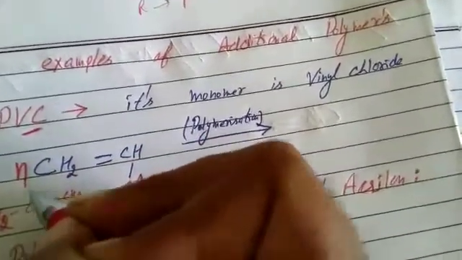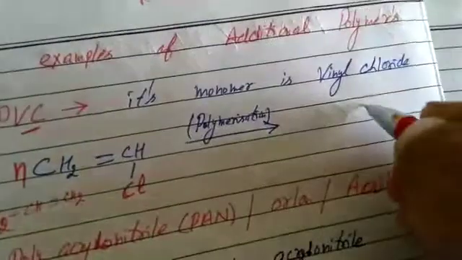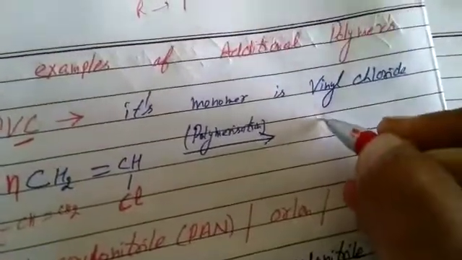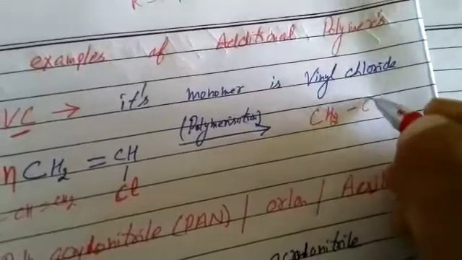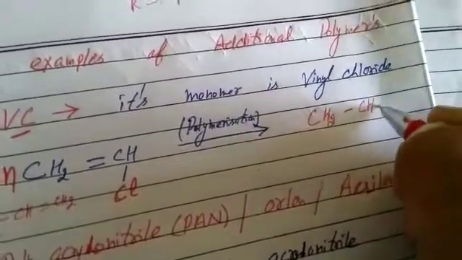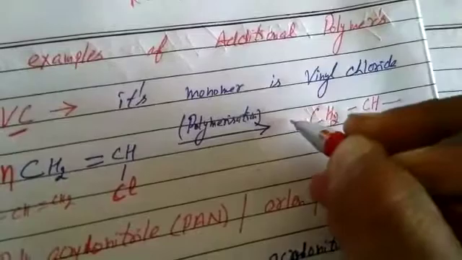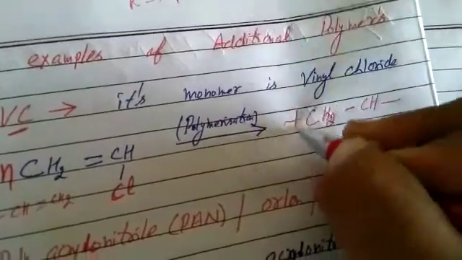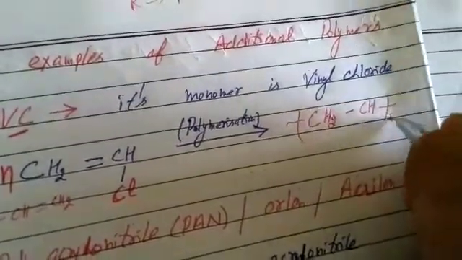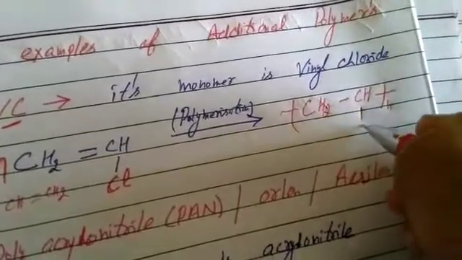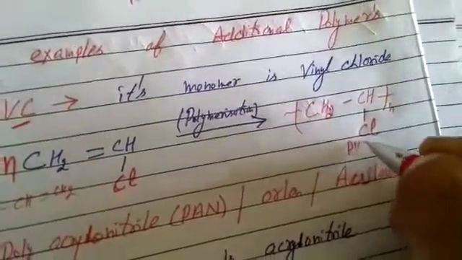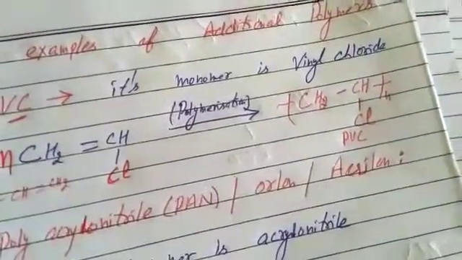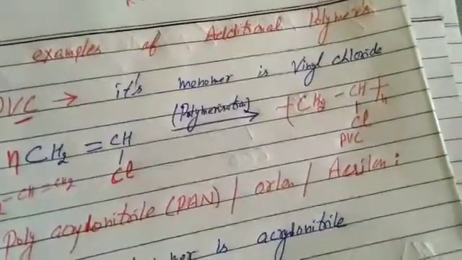Whenever you prepare any polymer, the unsaturation will break, and the link extends on the right side as well as on the left side, n times. And that's the side part, the substituent Cl. This polymer is called PVC. It is a homopolymer made up of the same type of monomers, and it is an addition polymer because it contains unsaturation.